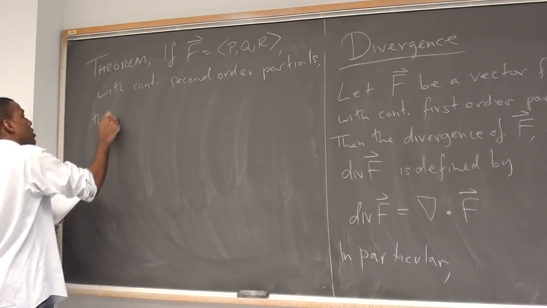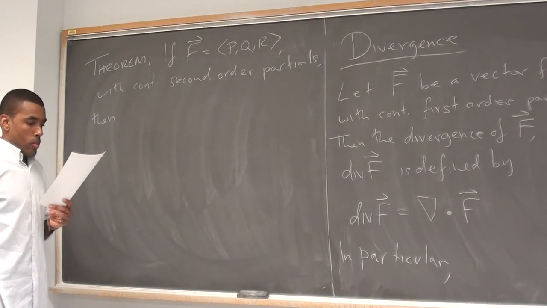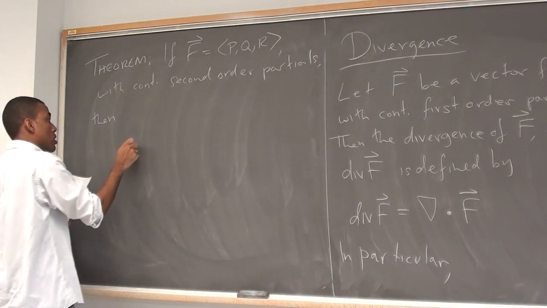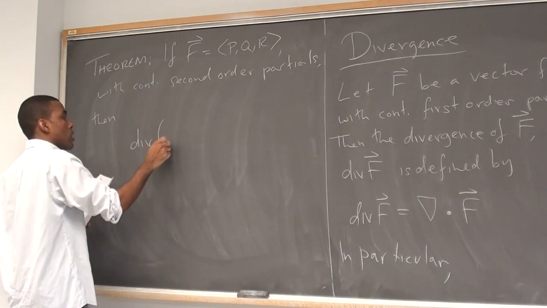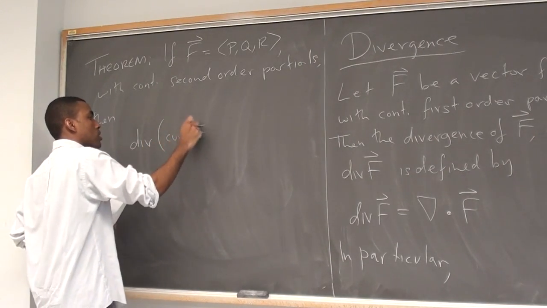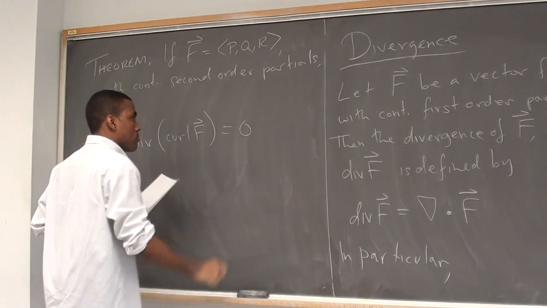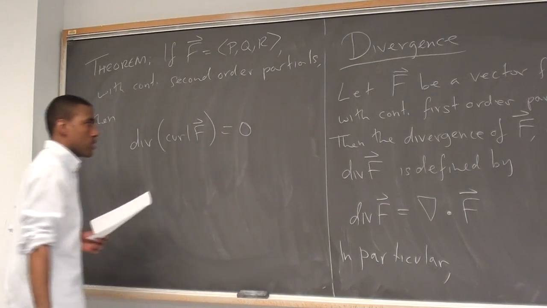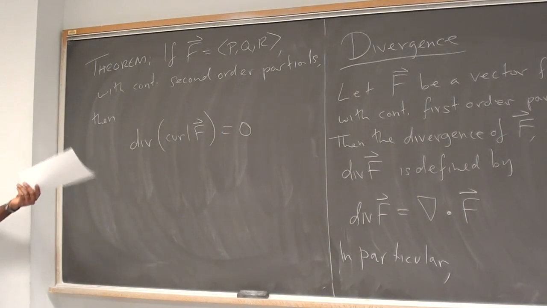Then the following is true. The divergence of the curl is 0. If you take the divergence of a curl, you always get 0.